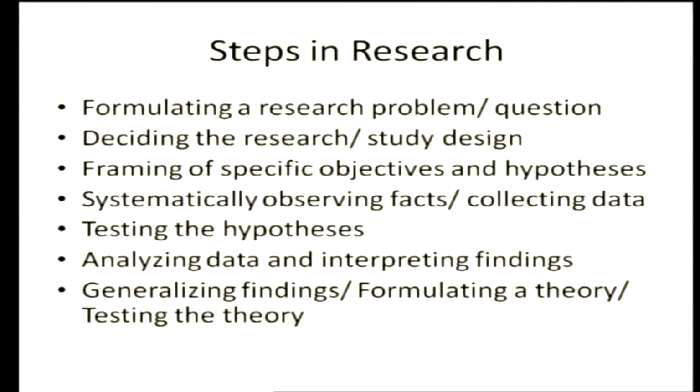Now, there are different steps in research. How do we go about conducting a particular research? Here, first we start with formulating a research problem or a research question. For this, we need to find out what the research gaps are in the existing knowledge field. Let us take the same example of adolescents.